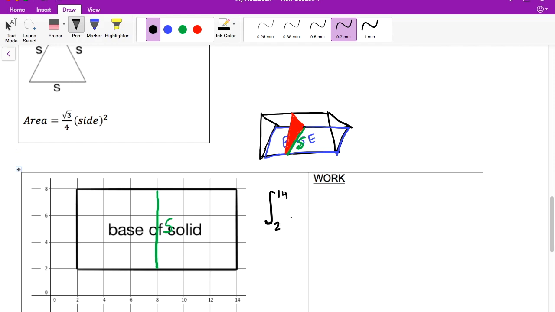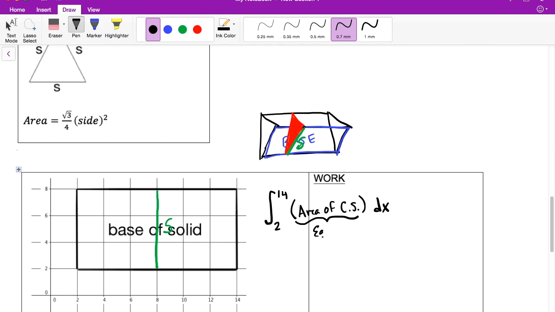So here we want to go from 2 to 14. And I'm going to write area. We want to integrate the area of the cross section, and since they're perpendicular to the x-axis, it's dx.